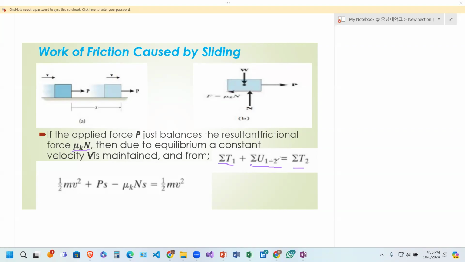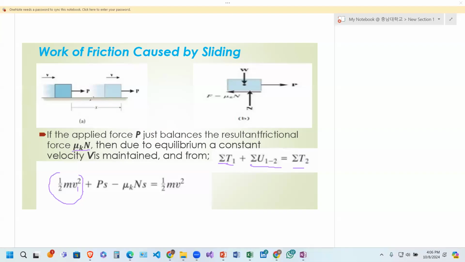So we have half m v1 squared, plus the work done by the force, which moves through a distance s, which is P s, minus the friction, which is opposite in direction, opposing the motion of this particle.